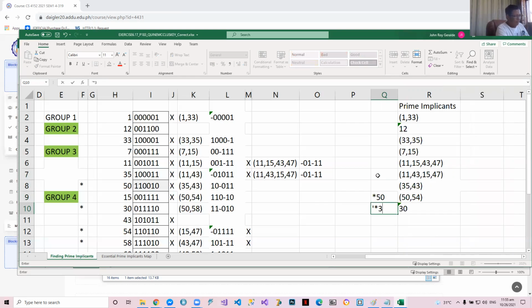Okay. Do you follow? 43 is X. So this is, by the way, 50 and 58. Mali pa tayo, no? We'll have 50 and 58, which is marked. Is 58 a don't care? Yes.